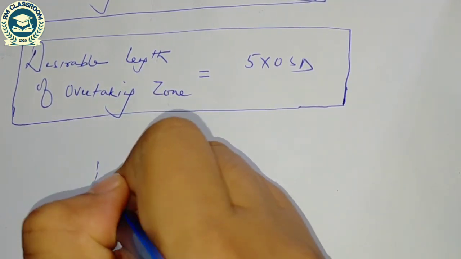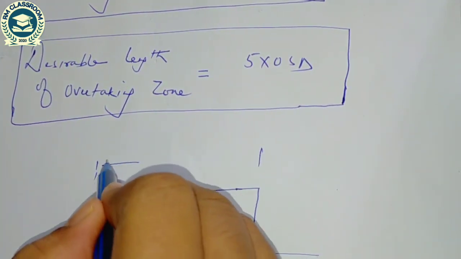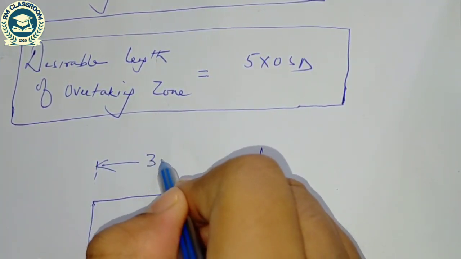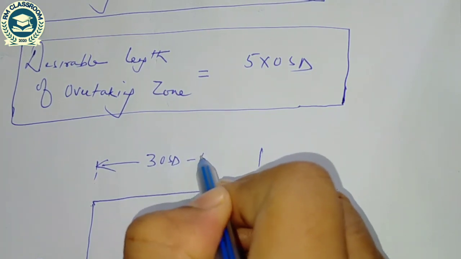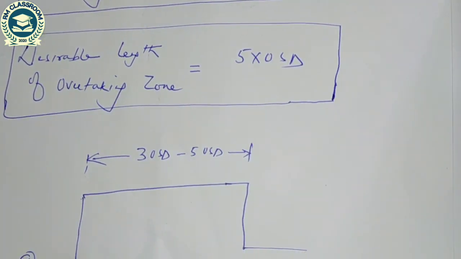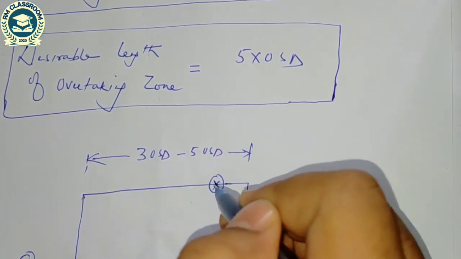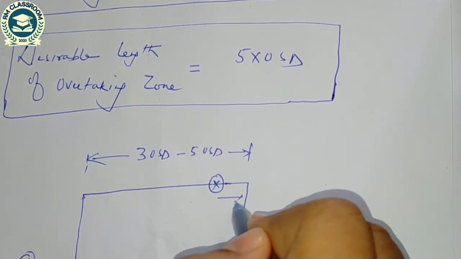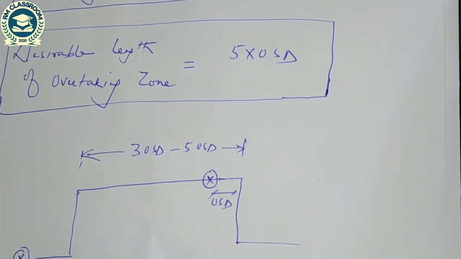This distance will be 3 times overtaking side distance to 5 times overtaking side distance.